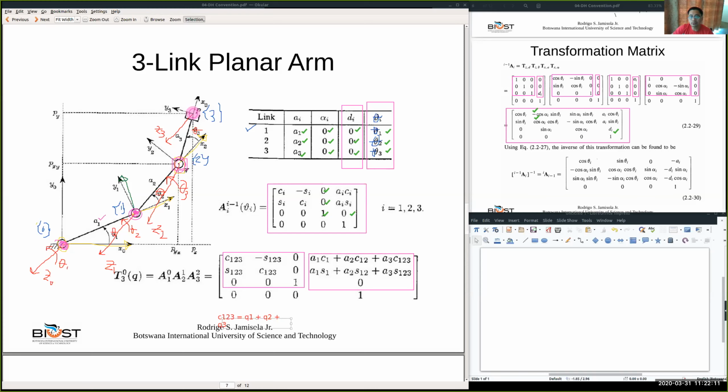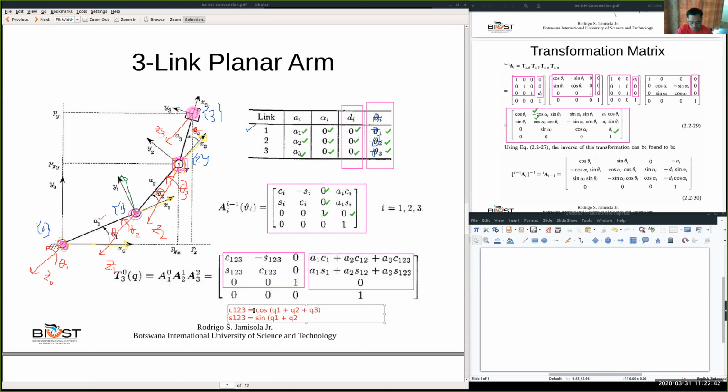I cannot undo. So let me undo. Make it bigger. There. So C1, 2, 3 is equal to cosine of Q1 plus Q2 plus Q3. Okay, that's a normal convention that people follow, just to cut the notation shorter.